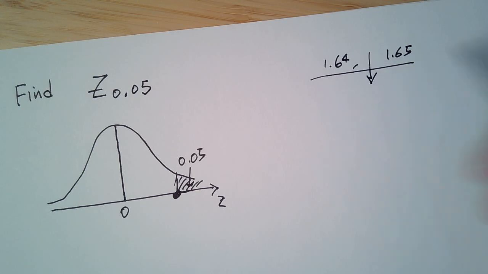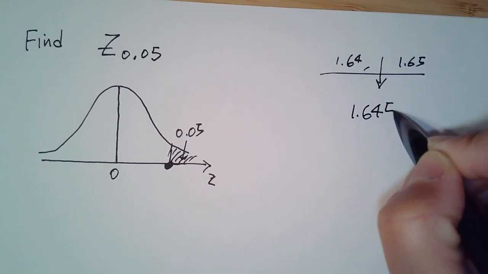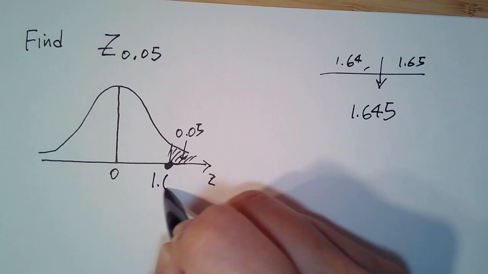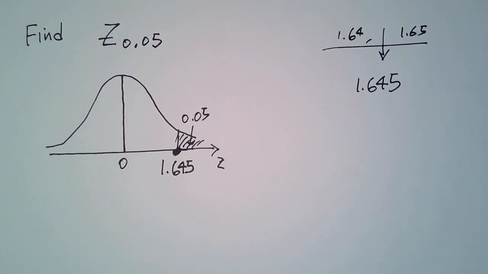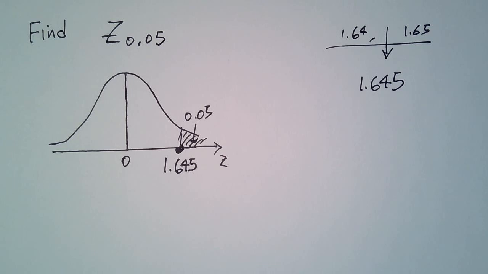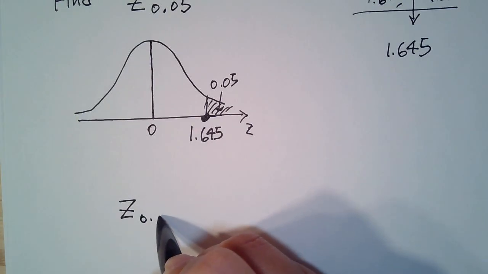What is the number right in the middle? That should be 1.645, isn't it? So this is 1.645. Sounds good.